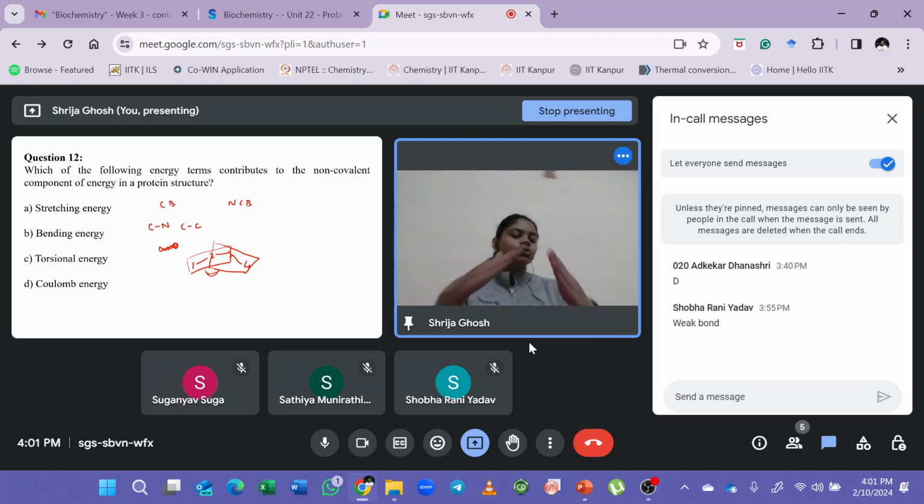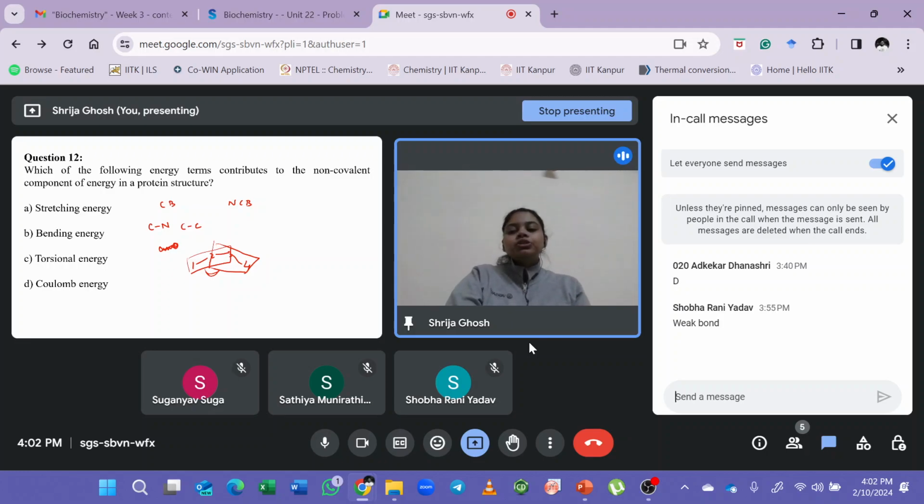If I have two planes joined together like this, one plane can rotate with respect to another plane in different directions. So the bonds can basically rotate around each other, and that rotational frequency is called the torsional energy. So that is also involved in the covalent bond energy.